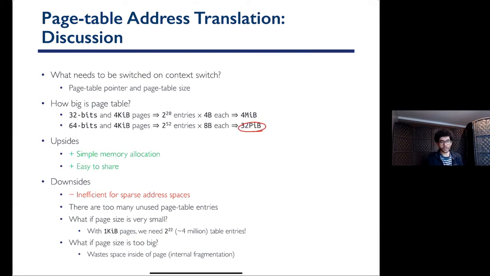For a 64-bit system, I need 32 petabytes of storage or memory to just store my page table. So this is a lot bigger than the 32 gigabytes of physical memory that is available today, for example.